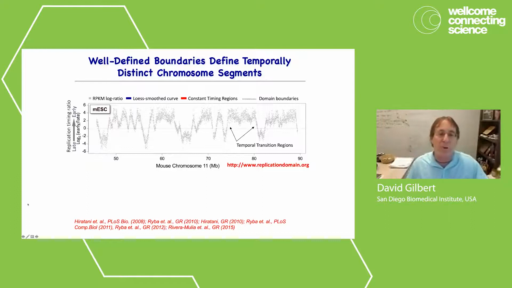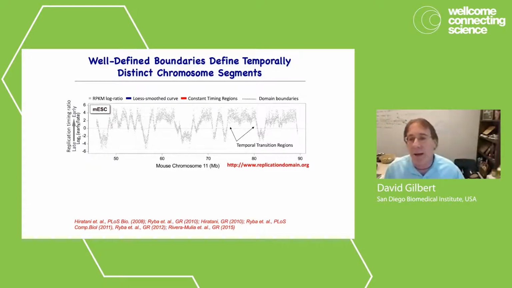Okay, so fast forward a few decades, and we now have methods to measure replication timing genome-wide. We have high-resolution methods and single-cell methods. Here I've shown you our simplest method, where we collect the DNA that's replicated either in the first half or the second half of S phase, and then display a log-2 ratio of early to late.